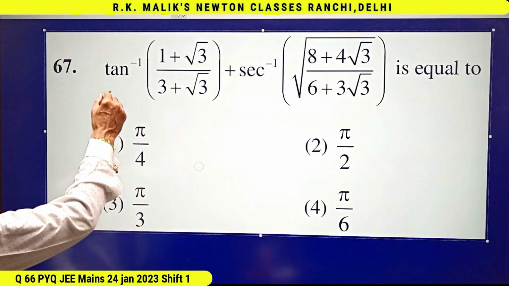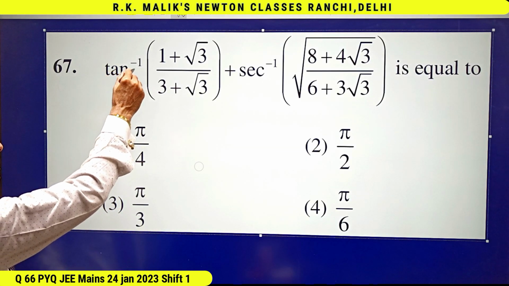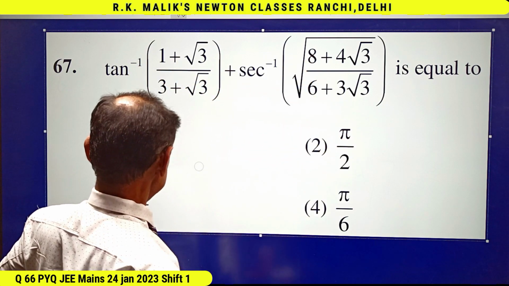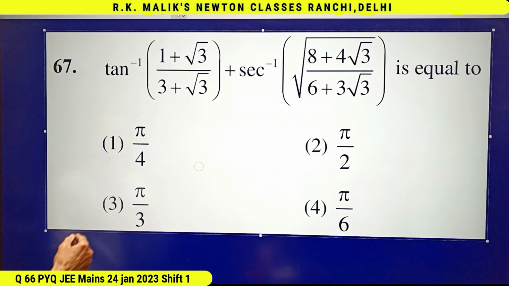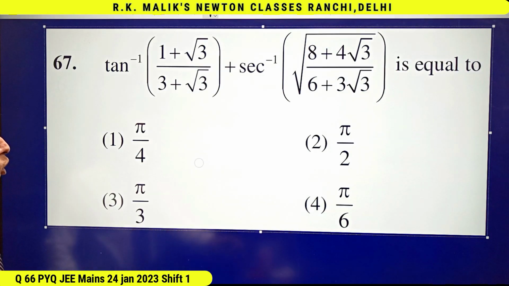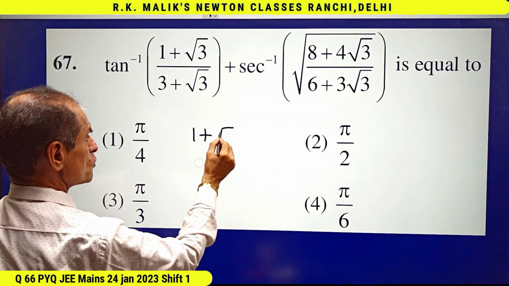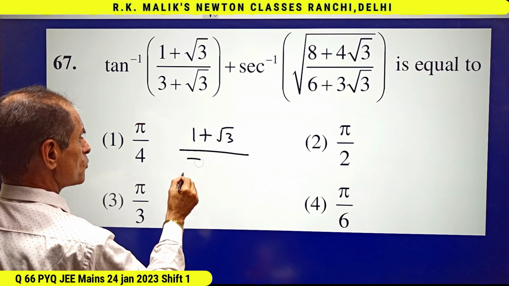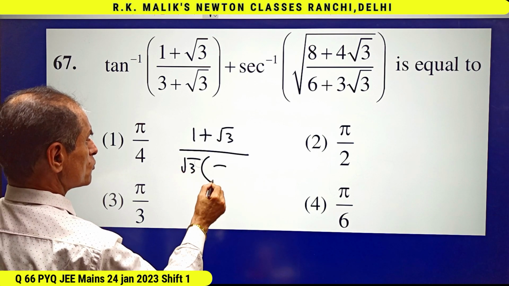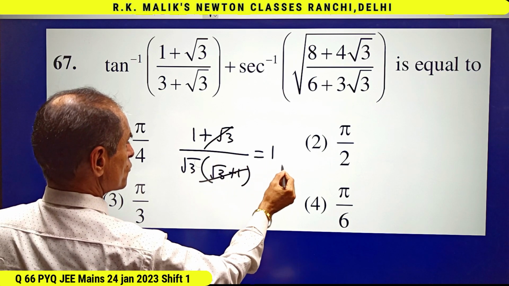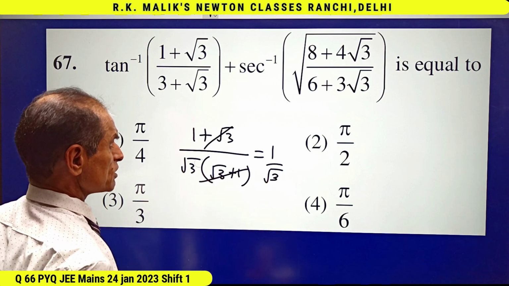In this question, you have to find the value of tan inverse of this plus sec inverse of this. Hence, you have to find the correct choice. Obviously, this can be written as (1 plus root 3) upon root 3 into (root 3 plus 1), that is 1 by root 3.